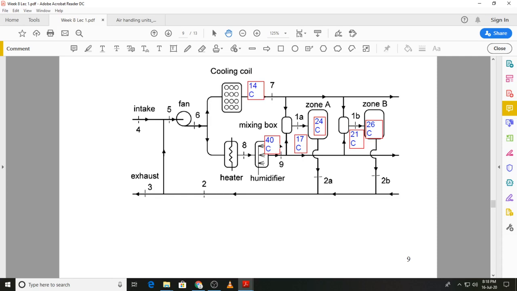That way we can vary the temperature of the supply air to the zone according to the zone load requirements, and the same will apply to zone B.